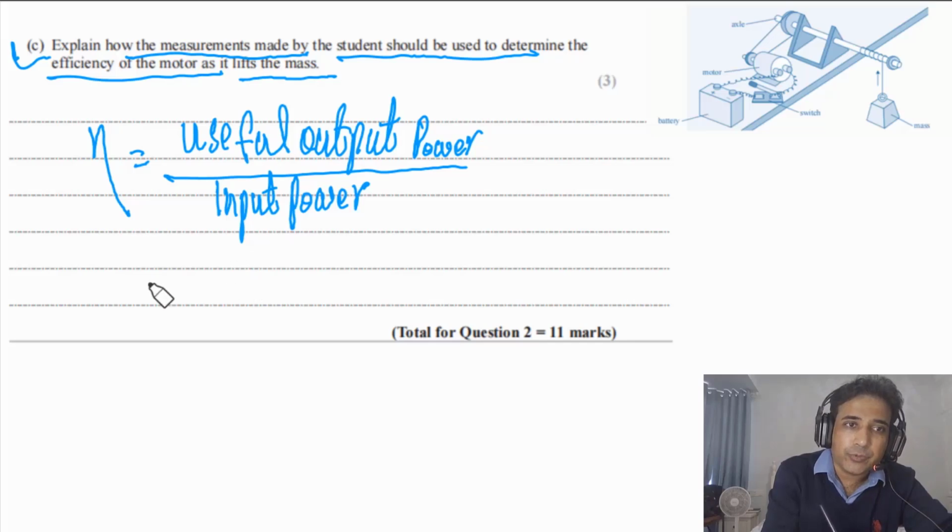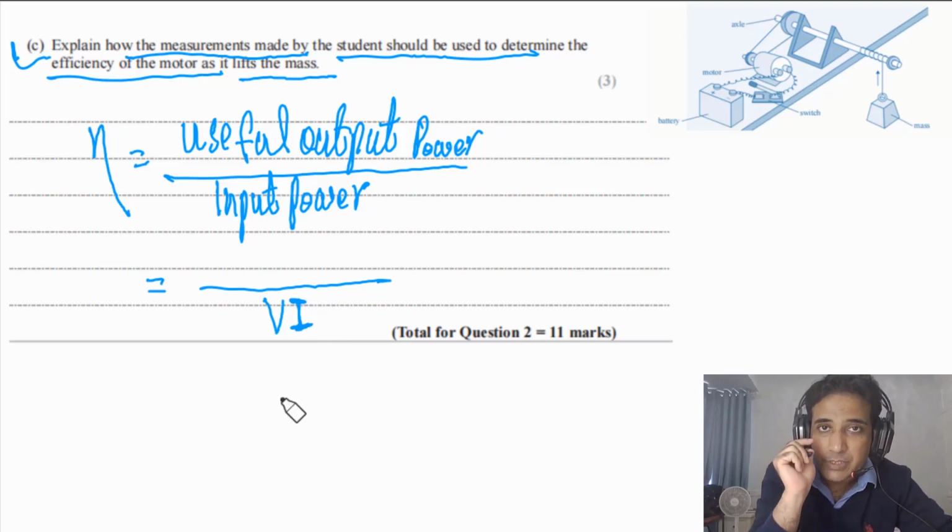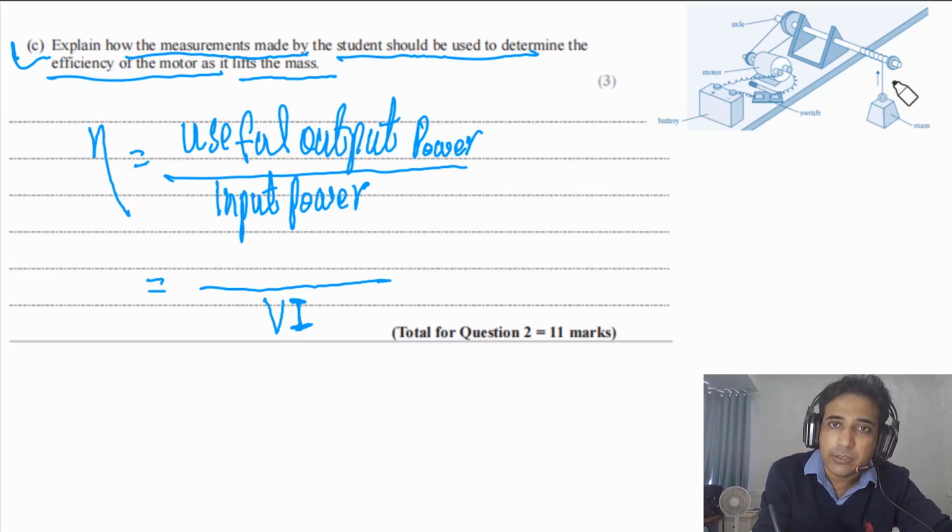So what is the input power? Input power is simply P = VI. This is the input power, meaning the power of the motor. And what is the useful output power? That is the gain in potential energy of this mass per time.